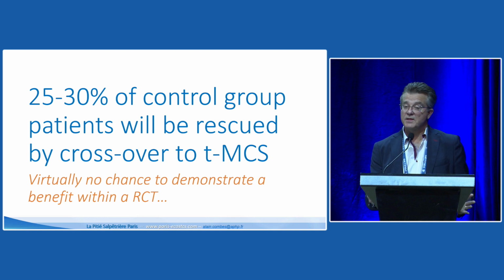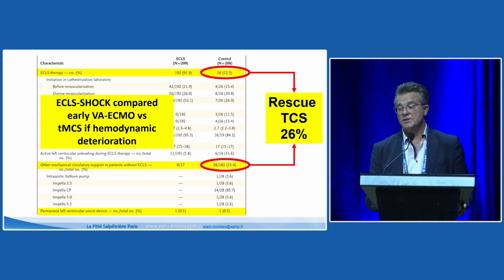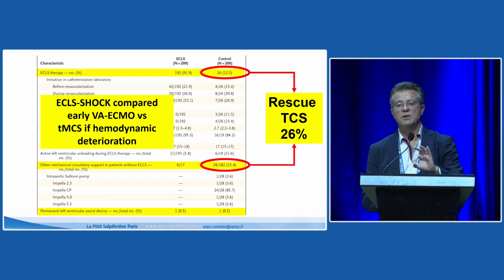So once again, there's very little chance to demonstrate the benefit of a technique within the context of an RCT. So the conclusion should be: in the context of this RCT, with the population who had been included, with the management which has been used, and with the rate of crossover to a device of 30%, there was no difference in the outcome of the patients.